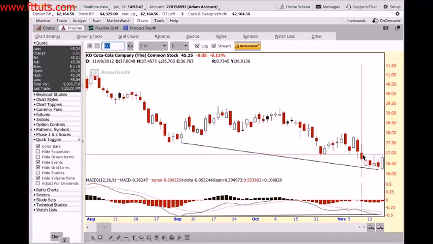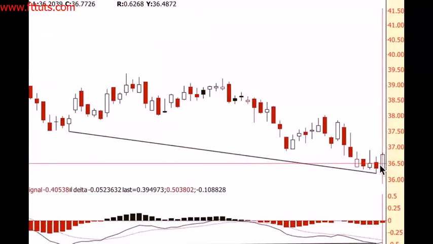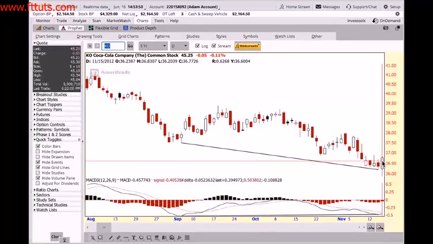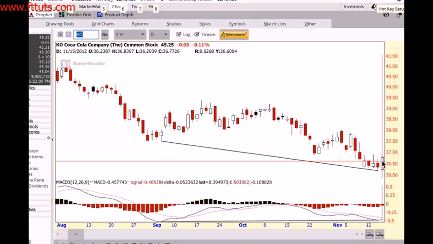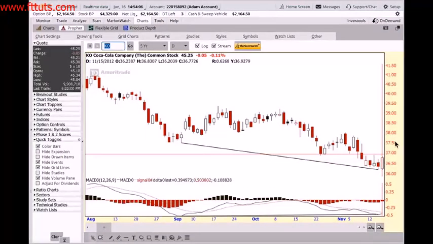So I'm going to place my buy order, say 3 cents above the high of this candle. The high of this candle, as you can see, is 36.83. So I'm going to put my buy order at 36.86. Let me just note it down.